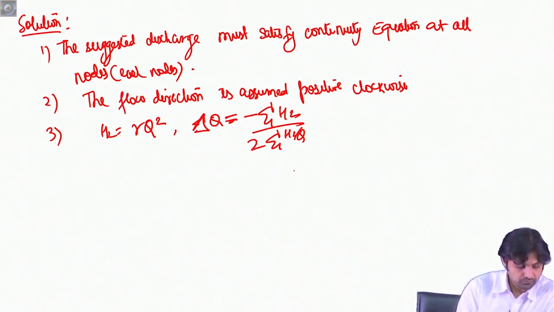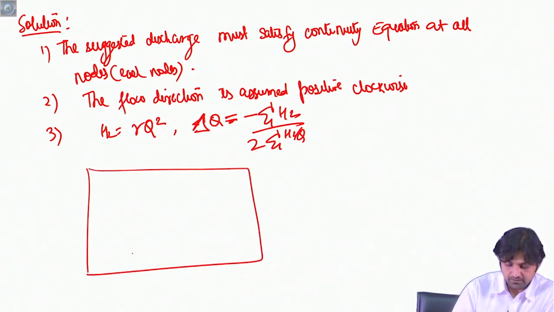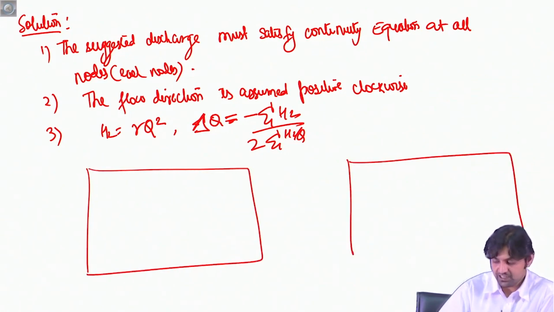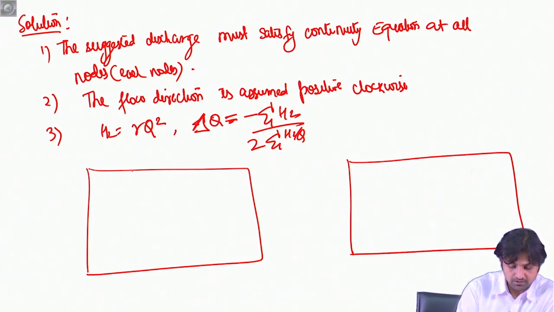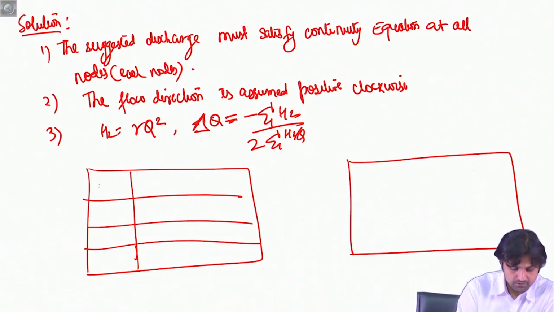So we have to make tables like these for both the loops. I am just laying out the procedure here. The lines here will be AB, BC, CA.